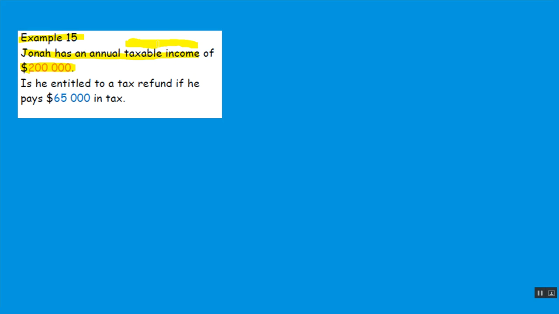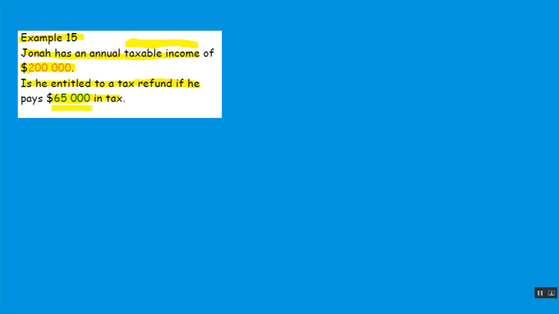So if you give $10,000 to a charity, you can reduce your income by $10,000 to give you your taxable income. In this problem, we need to work out if Jonah is entitled to a tax refund if he paid $65,000 during the year in tax. So this is the amount that the employer took out during the year.